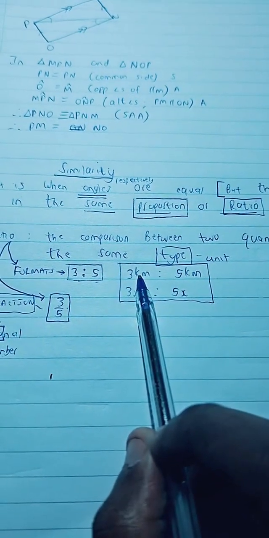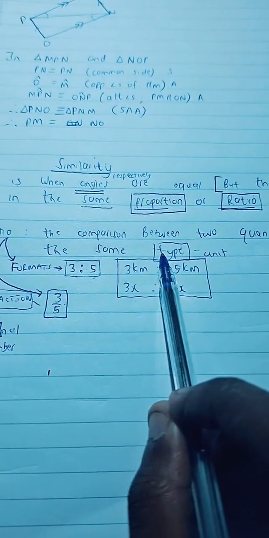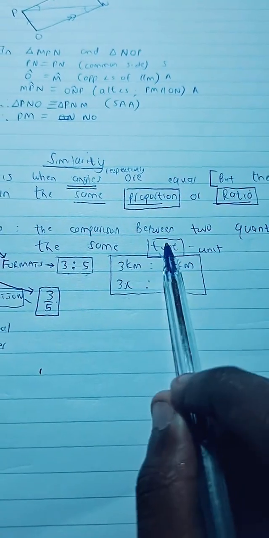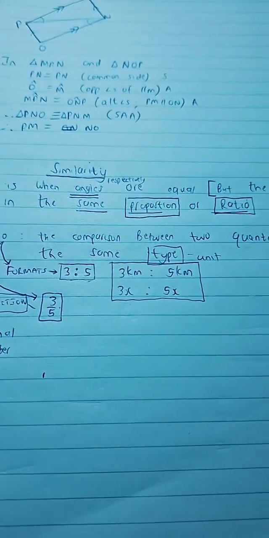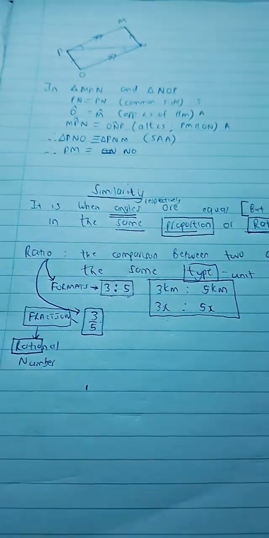What do I mean furthermore? If for instance you are talking about distance, that's something of the same type. 3 kilometers is to 5 kilometers. This is the same unit. That's the same type. We are not comparing different types here, because that's not ratio.